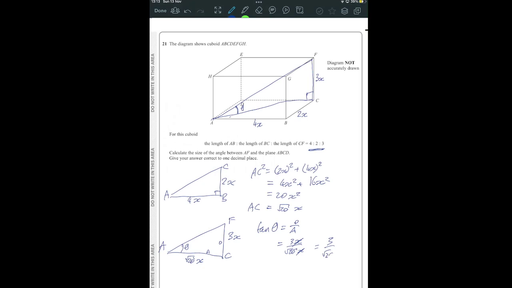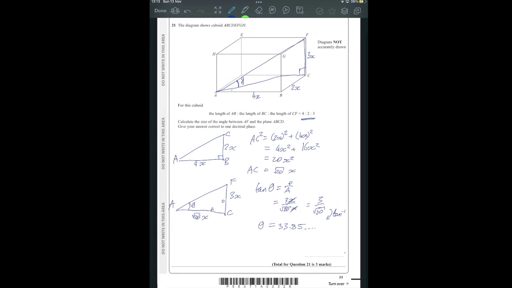So even though we made up the lengths of the lines at the beginning, it didn't matter. To get the angle itself, we're going to use the tan inverse to undo the tan. Tan inverse of 3 over root 20 comes out as 33.85.